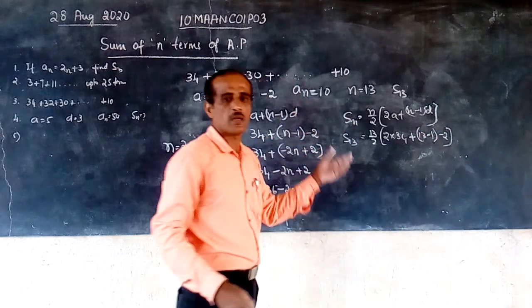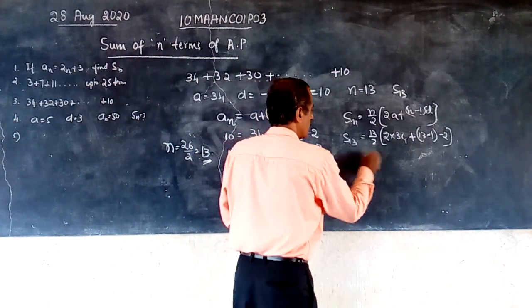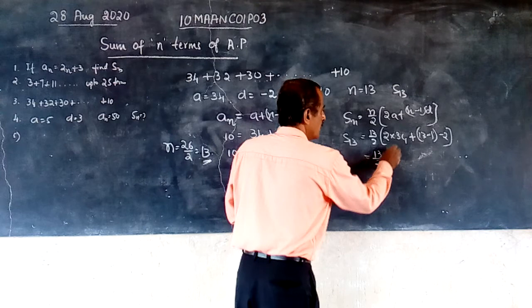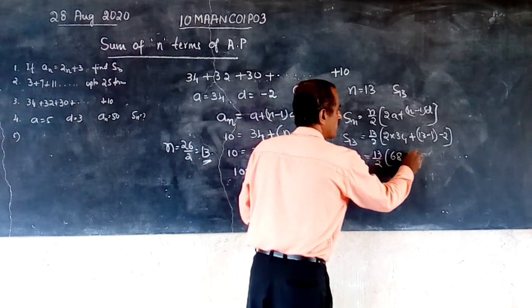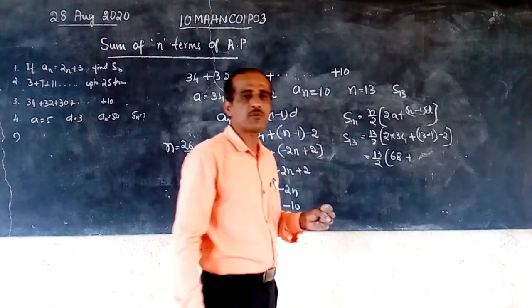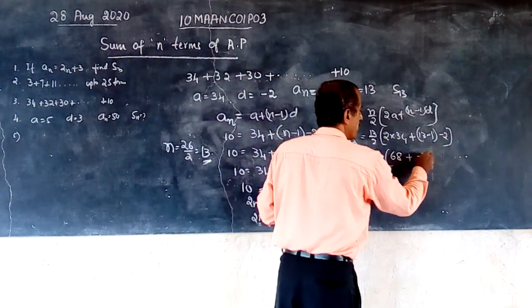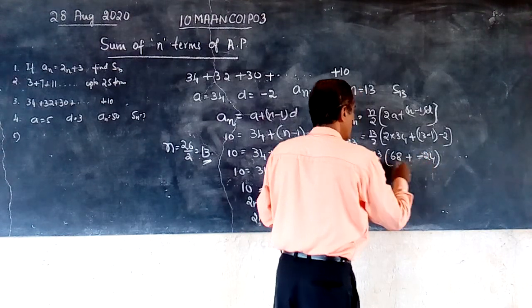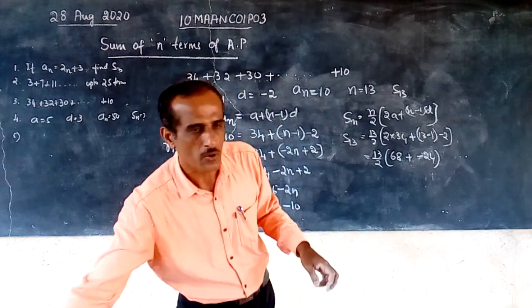Now you can apply this formula. So 13 by 2 into 2 into 34 is 68 plus 13 minus 1 is 12, 12 into minus 2 is minus 24.